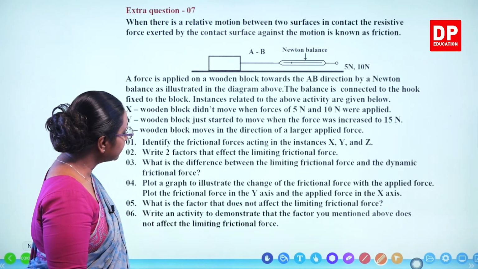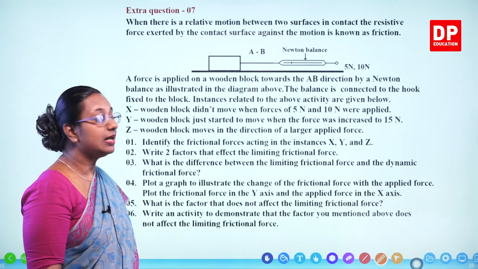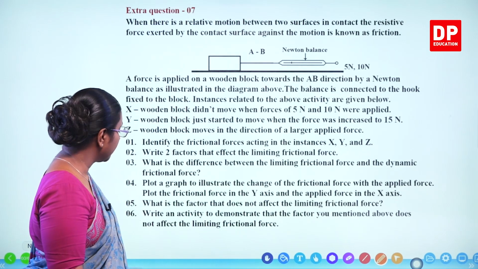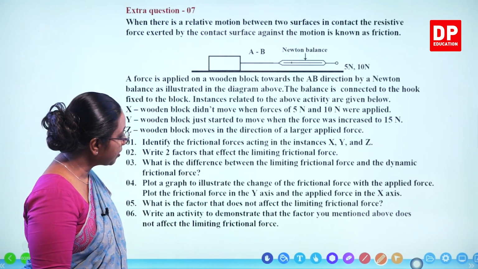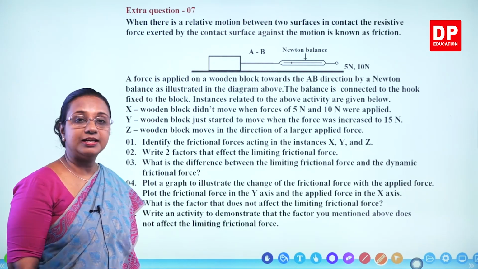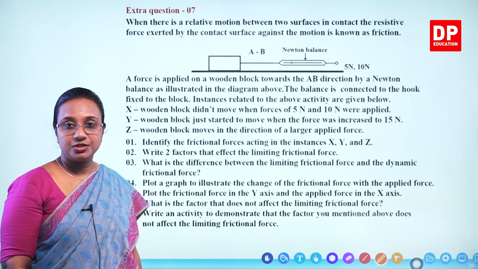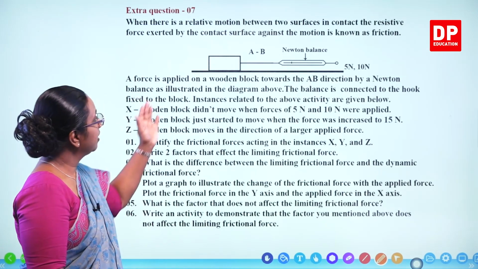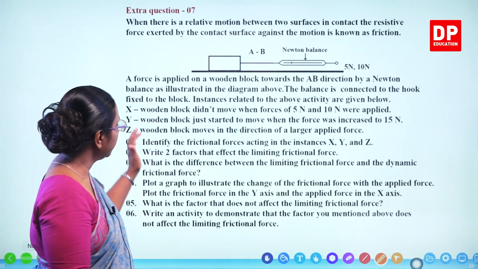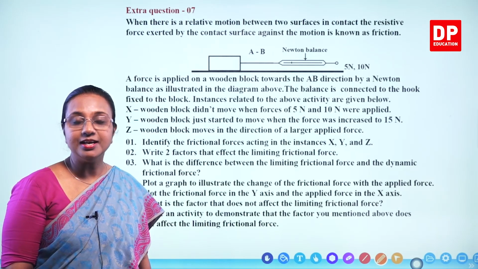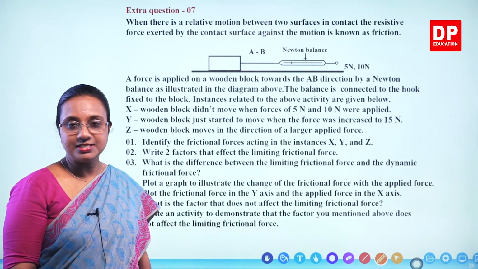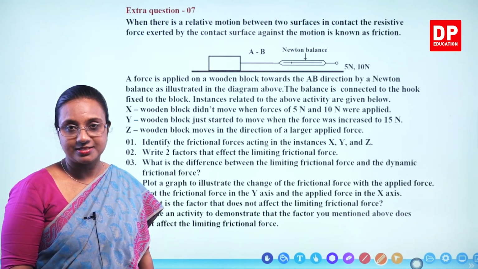Fifth, what is the factor that does not affect the limiting frictional force? And the sixth question, write an activity to demonstrate that the factor you mentioned above does not affect the limiting frictional force. These questions are related to an activity that we have done before, but you have to think and write the answers. I'm sure you can do that. So you all write the answer first and then we will discuss.